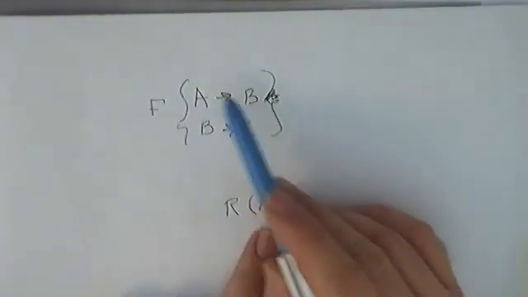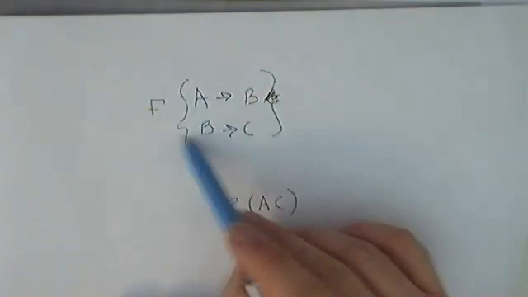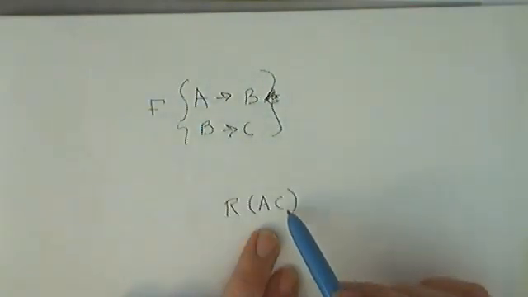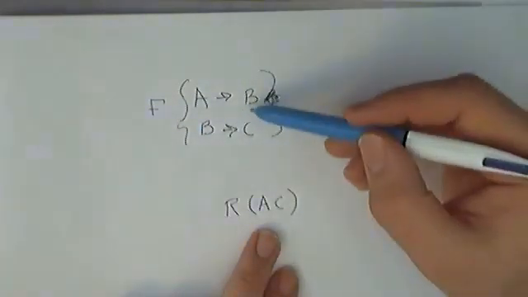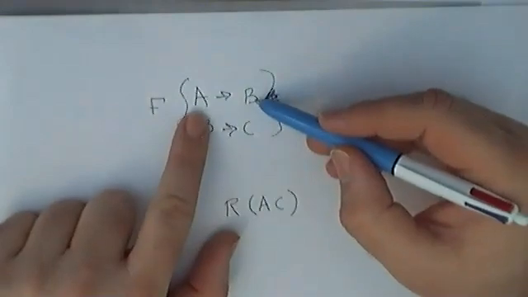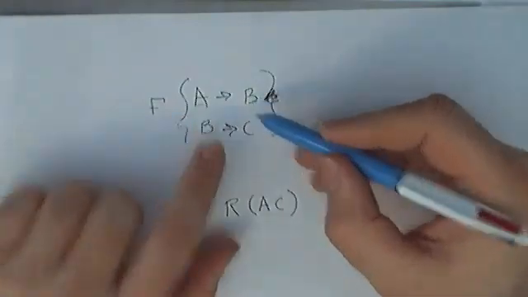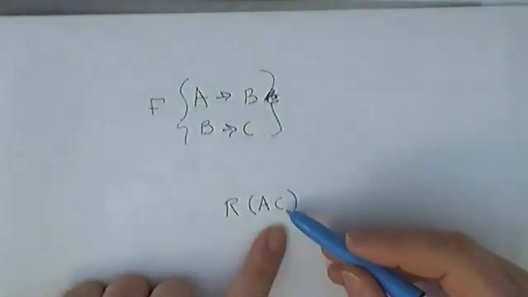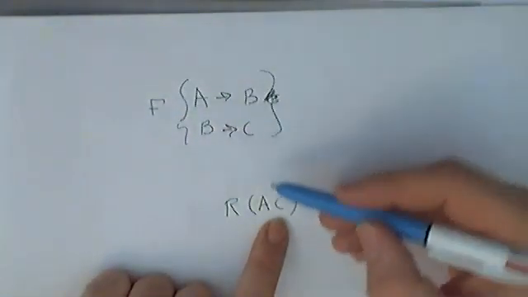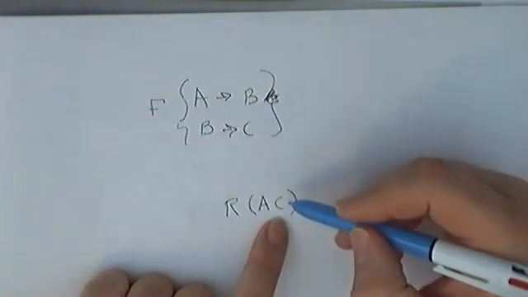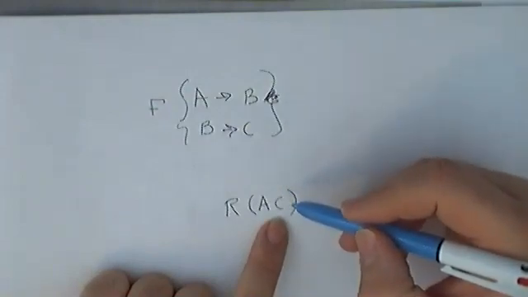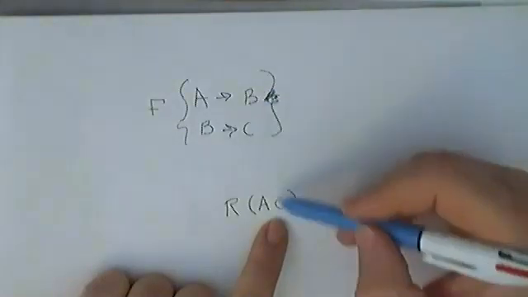Do these functional dependencies impose anything? First of all, does this functional dependency, A goes to B, live here? We're going to project it over this relation, but when we do that, it gives us a reject because B doesn't even live in here.